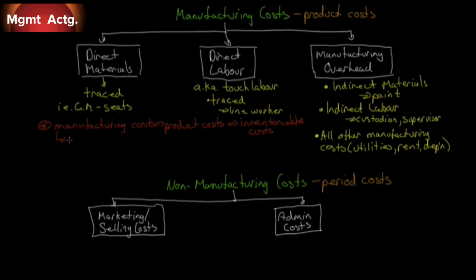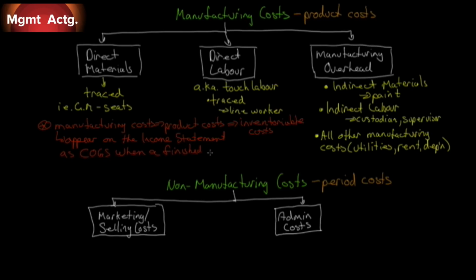Let's make a note of that. Let's write this down. This is important. Make a note of this in your notes. All these costs appear on the income statement under the category cost of goods sold. They appear as cost of goods sold when a finished good is sold, not when the costs of production are incurred.